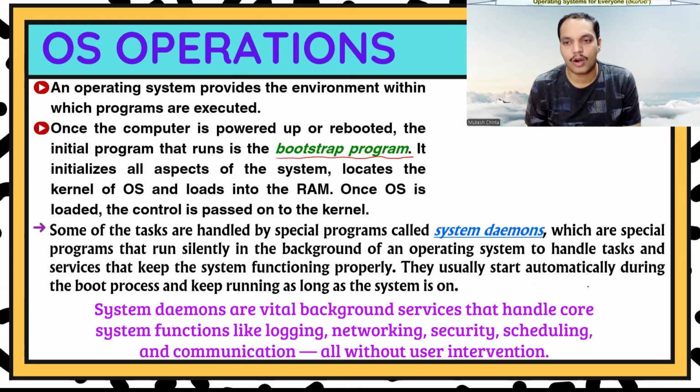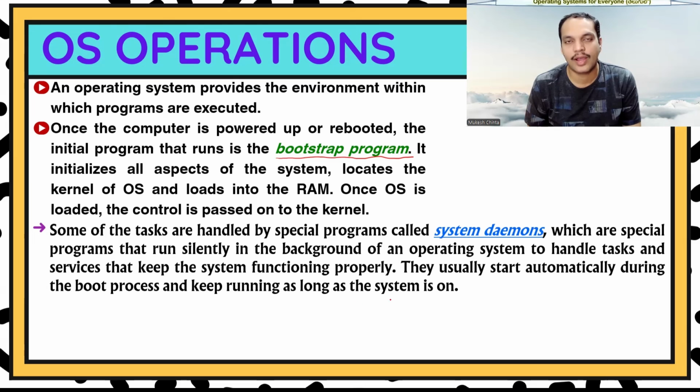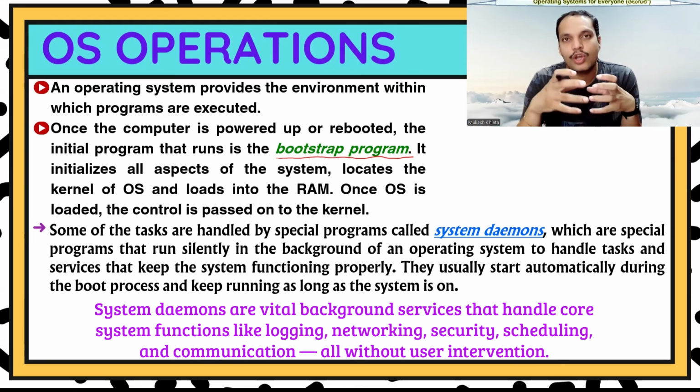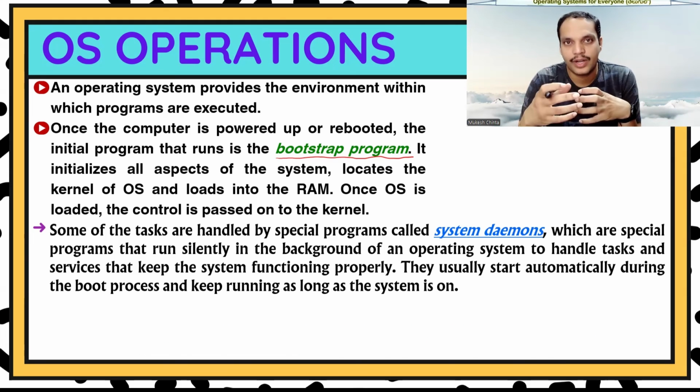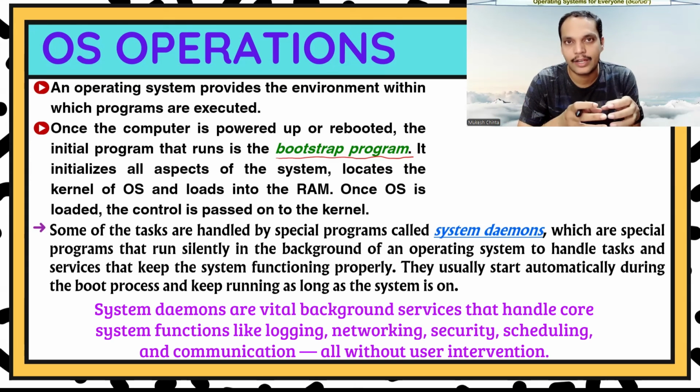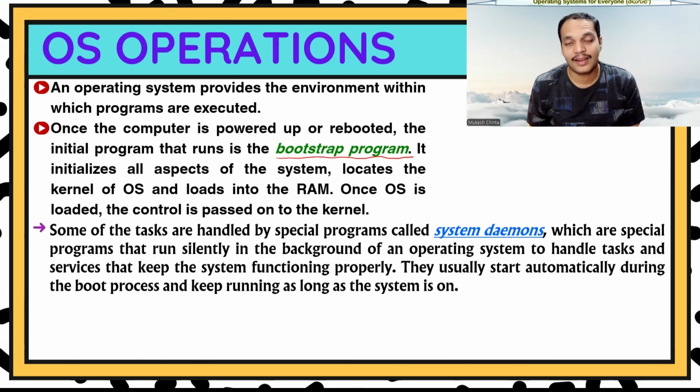They usually start automatically during the boot process and keep running as long as the system is on. It implies that when you boot the operating system, when the kernel gets booted, there are these special programs that also run in the background along with the operating system. They remain active till the system is on. That means they run and they execute until you shut down the computer.